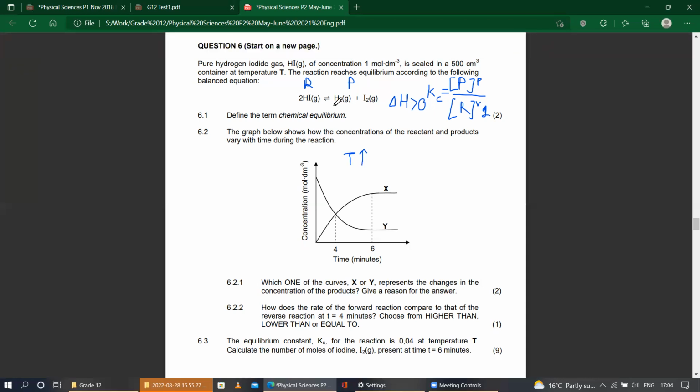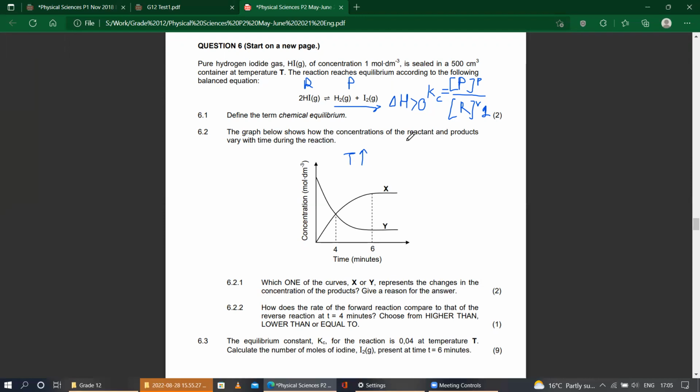So the forward reaction is going to be favored because in an endothermic reaction, energy is received from the environment and into the reaction for it to occur. So once the temperature goes up, it's going to support the endothermic reaction.